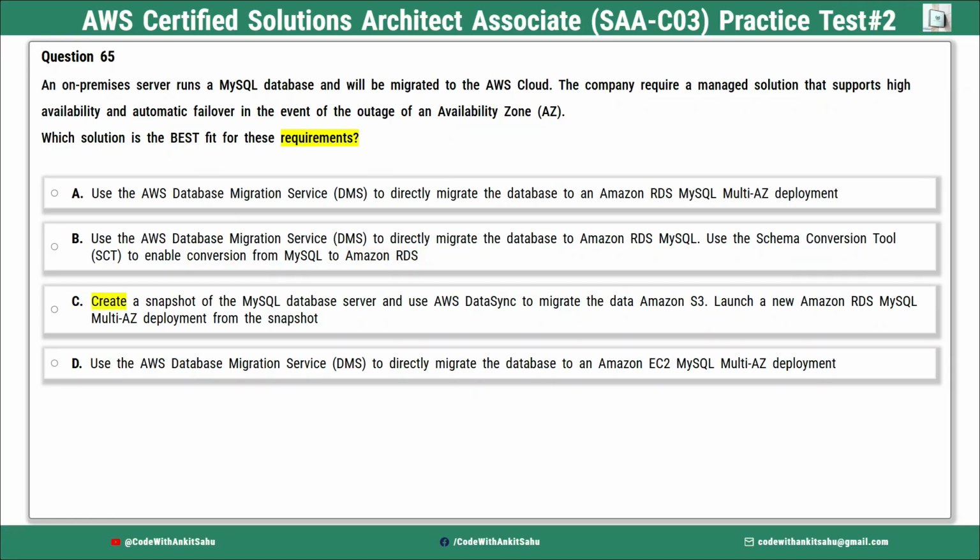Option C. Create a snapshot of the MySQL database server and use AWS DataSync to migrate the data to Amazon S3. Launch a new Amazon RDS MySQL multi-AZ deployment from the snapshot. Option D. Use the AWS Database Migration Service, DMS, to directly migrate the database to an Amazon EC2 MySQL multi-AZ deployment.